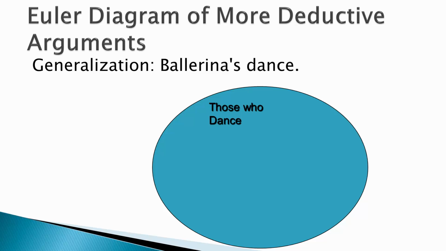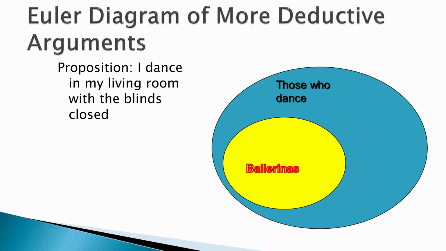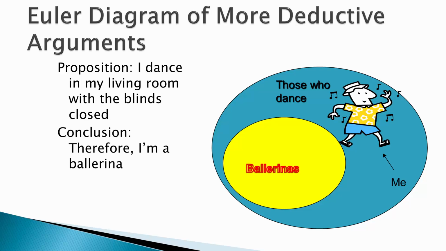Ballerinas do dance. The most general part of that is those who dance. Ballerinas will fall within that. If I have the proposition, I dance in the living room with the blinds closed, I'm going to be inside of the larger circle. I may be within the smaller circle, but if my conclusion is, therefore, I'm a ballerina, that conclusion is not logically sound.